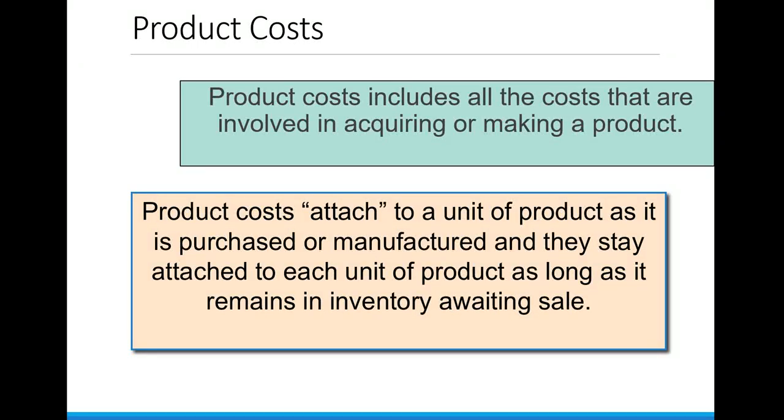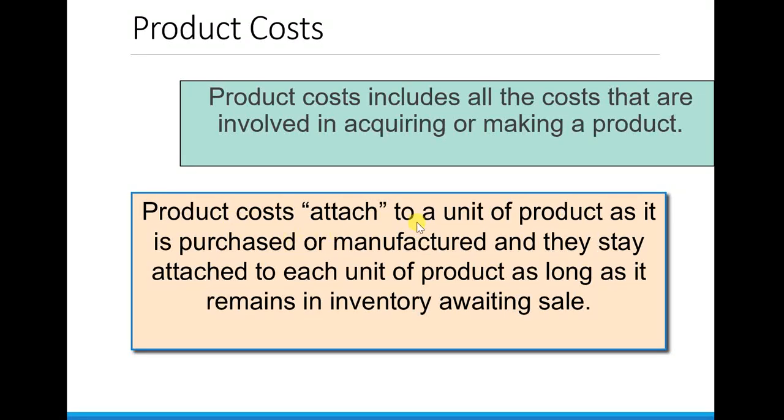In comparison, the period cost doesn't depend on the production. Administrative costs, selling costs, and executive salaries are all period costs, while the product cost includes all the costs that are involved in acquiring or making a product.